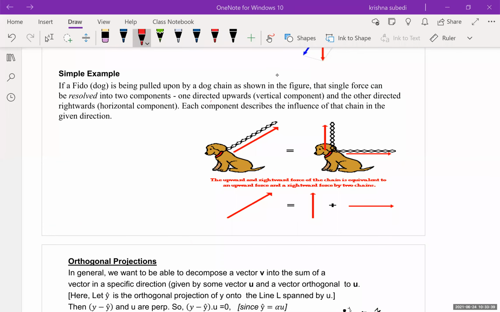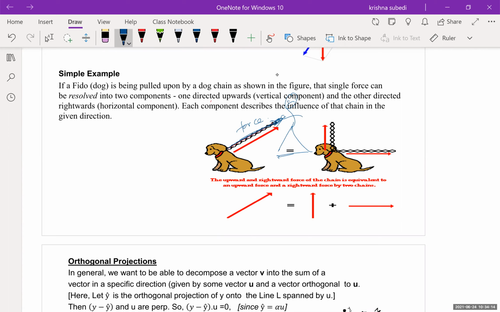Suppose this is your pet dog, and you are going for a walk. When you walk with your dog, you are putting force in this direction. This is the force. You are here and you are pulling your dog.